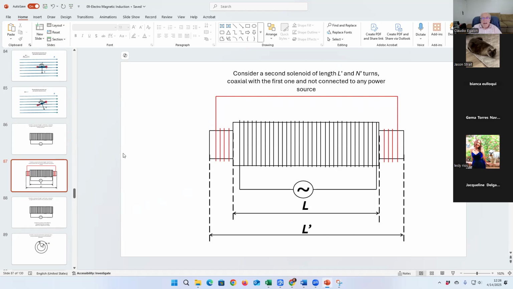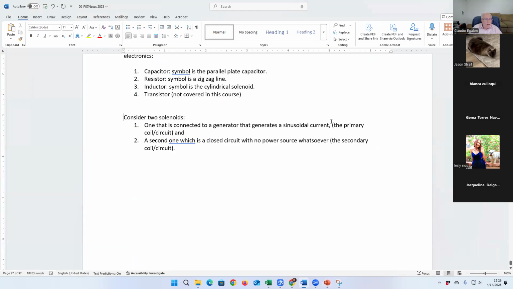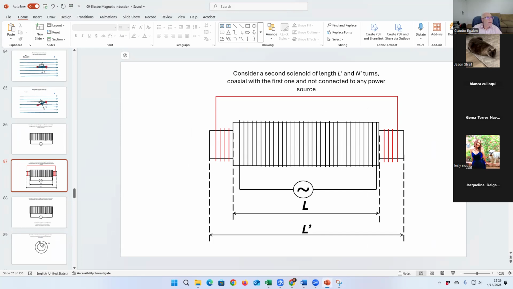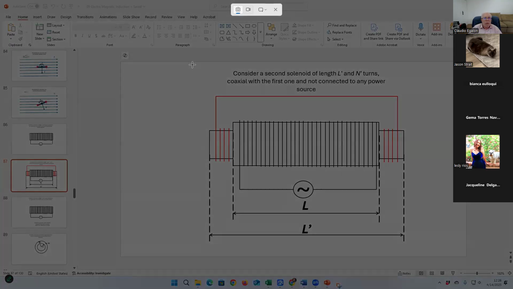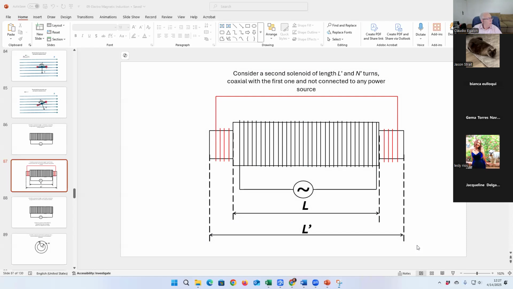Okay, so I'm going to, let me copy that so we can follow the thought pattern in terms of these pictures.